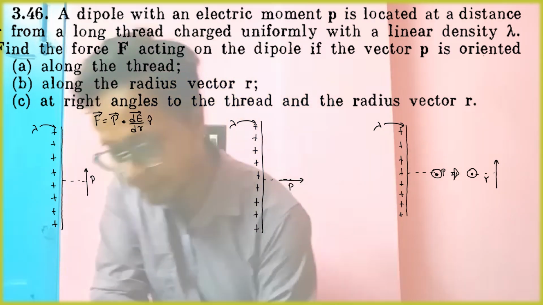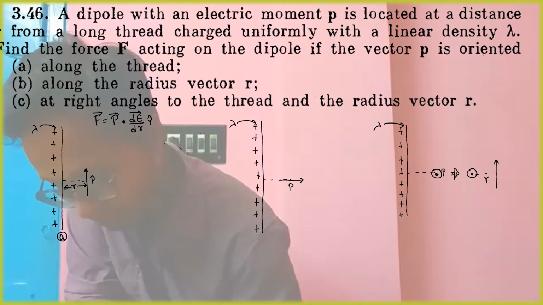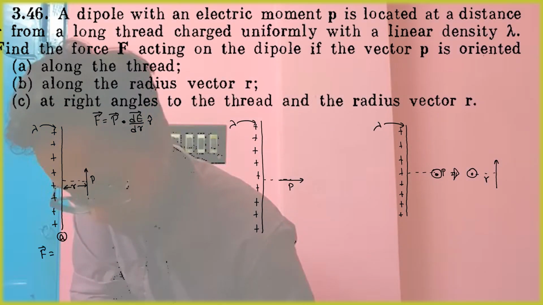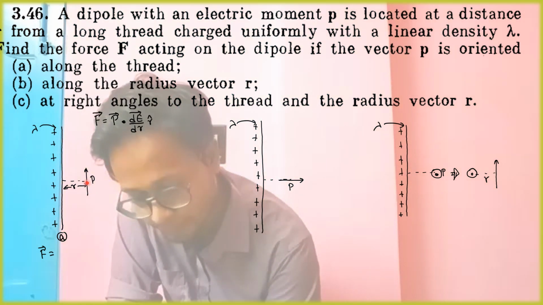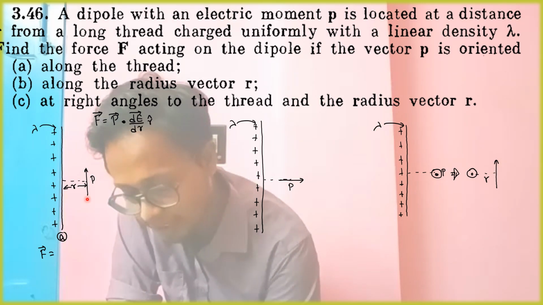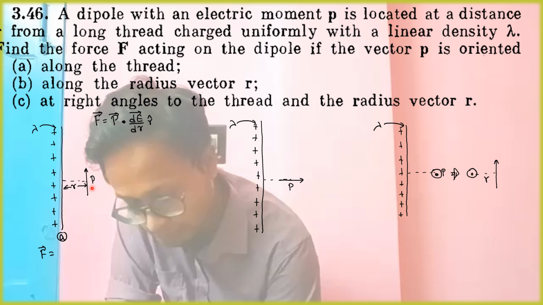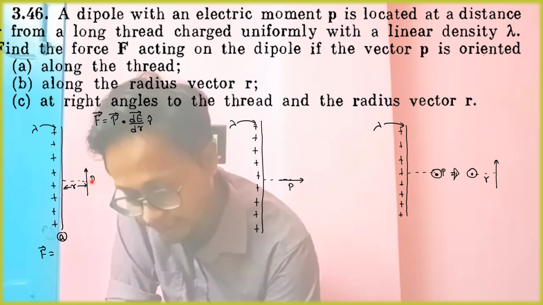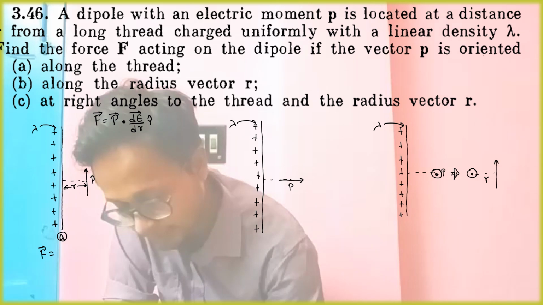So in the first scenario, F is equal to, see, is the electric field changing with respect to r? The electric field at this point would be 2k lambda by R. The electric field at this point would also be 2k lambda by R. So there is no change in electric field, no? As I go from here, the dipole is kept at the same electric field, isn't it?